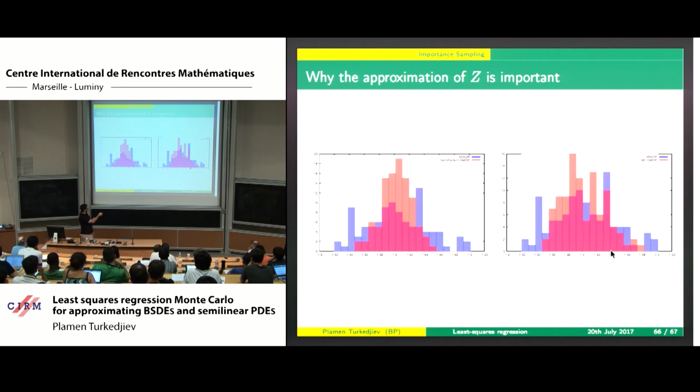And the reason there are two graphs is on the right, we did it again, except we used a sloppier computation of the z just to demonstrate how important getting an accurate approximation of the z is. Okay?